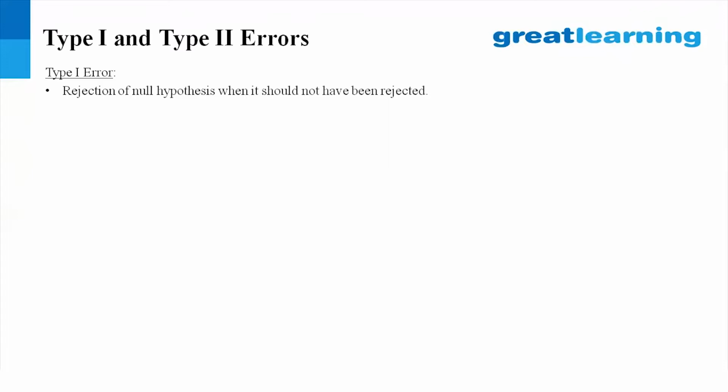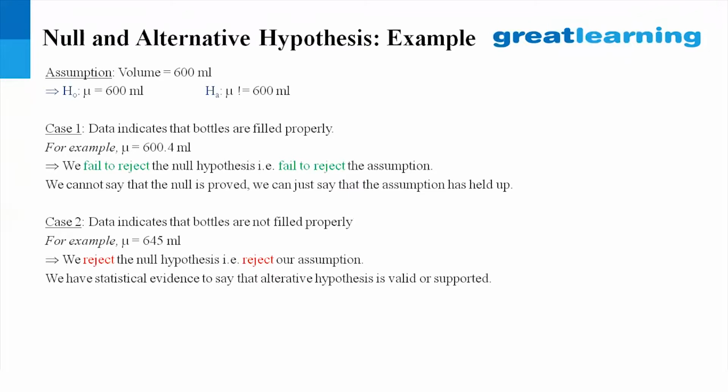So if you go to the previous case, you got a sample mean of 645 and you reject the null hypothesis. But say somebody has actually taken the population mean, and that population mean is 602 ml.